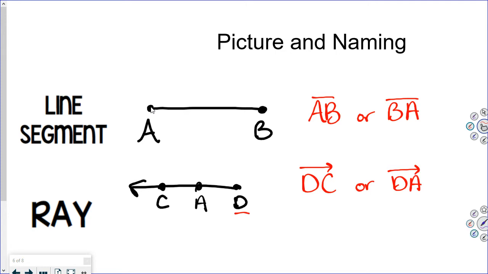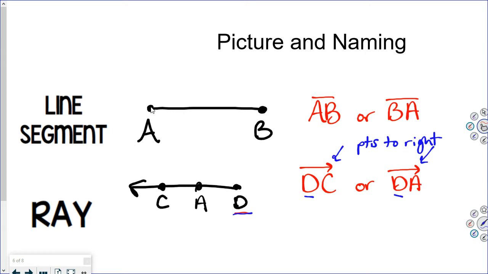Notice that this arrow always points to the right. Always, always, always. Doesn't matter what's going on in your picture. Your picture could be going to the left, the right, up, or down, but this symbol always points to the right. And again, this endpoint is always the first letter of that ray.